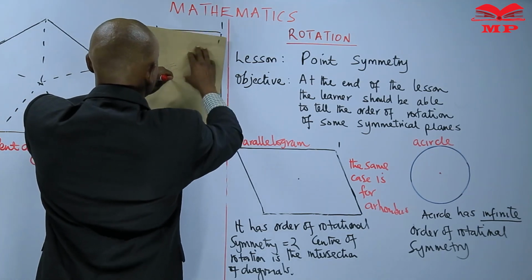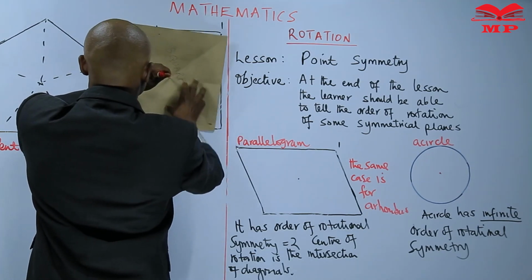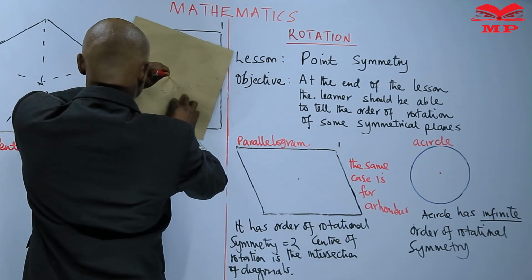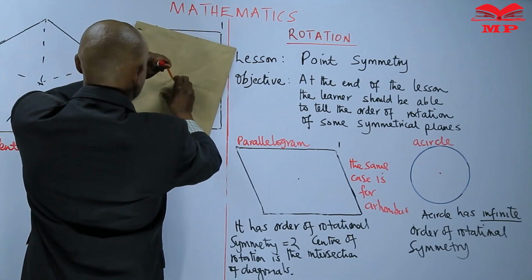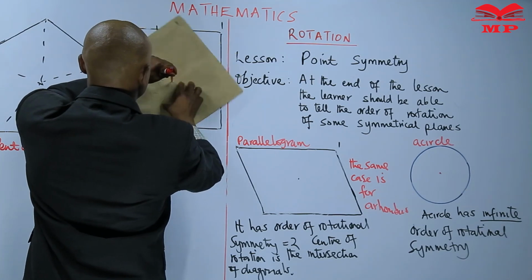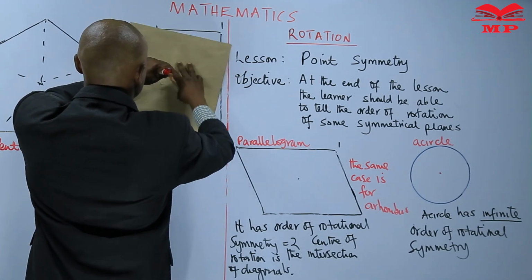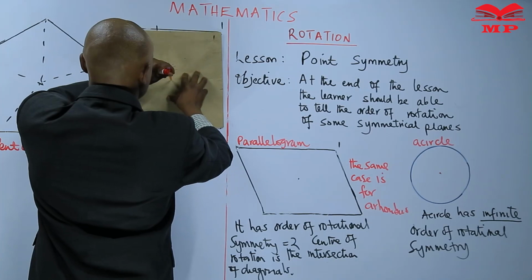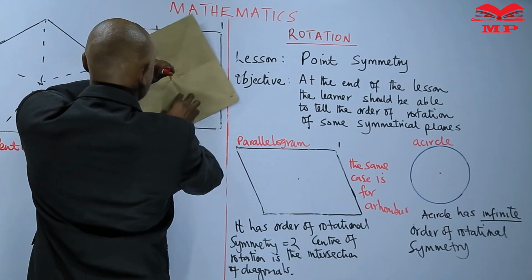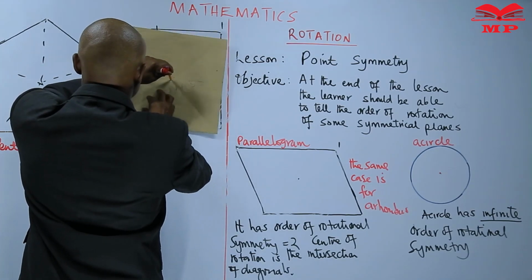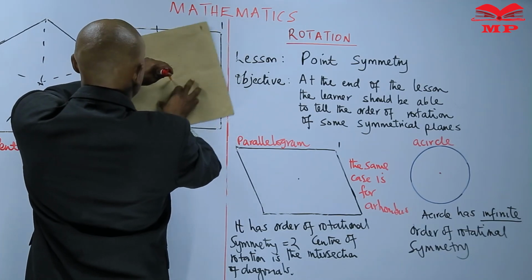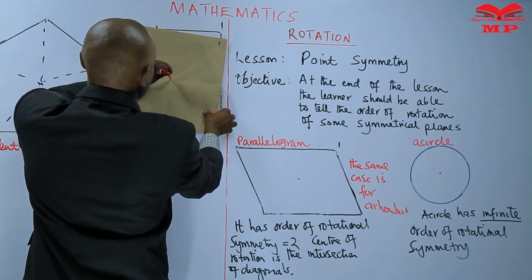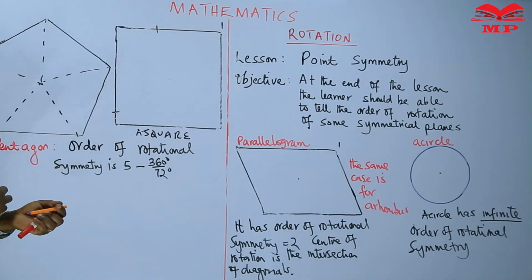So you move 1, it has fitted. 2, it has fitted. And 3, it will fit. We count 1, 2, 3, and 4. You see, it can fit onto itself 4 times.